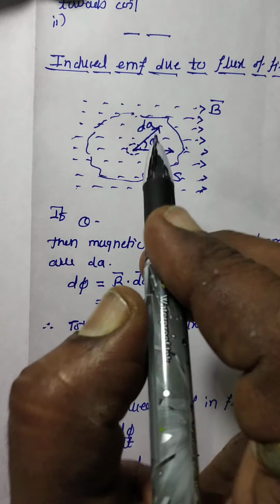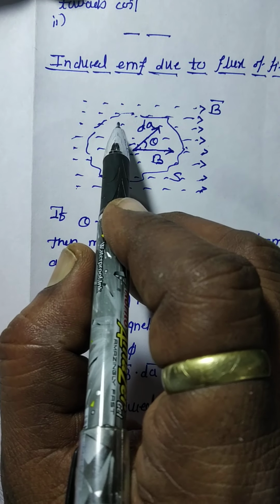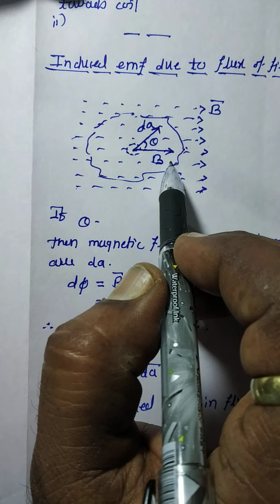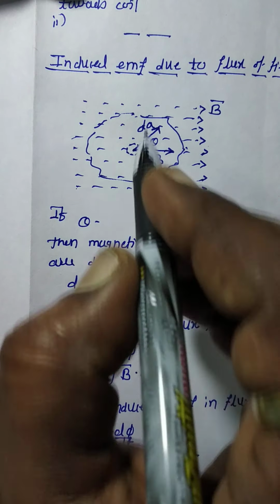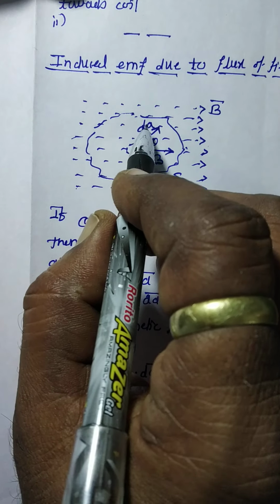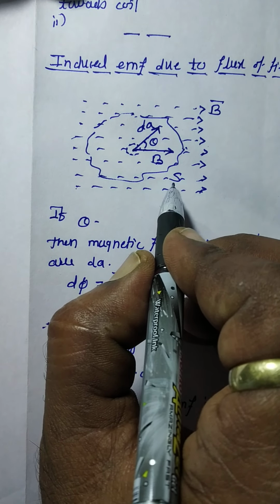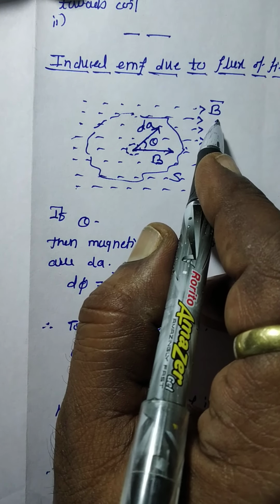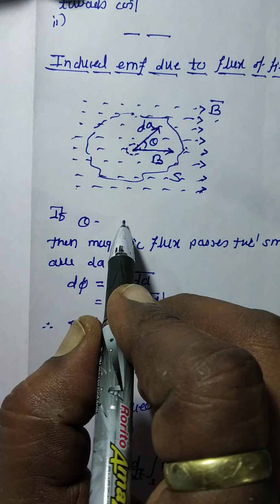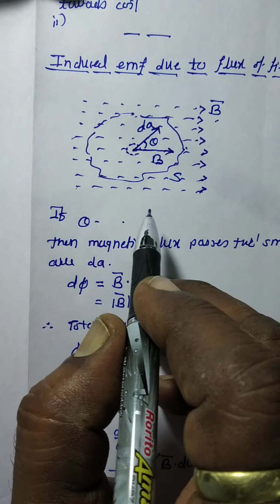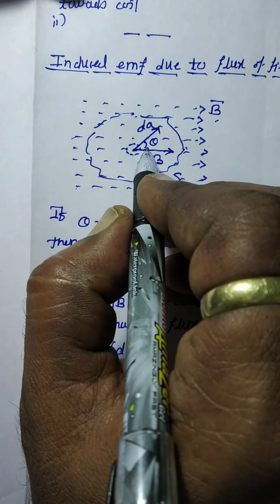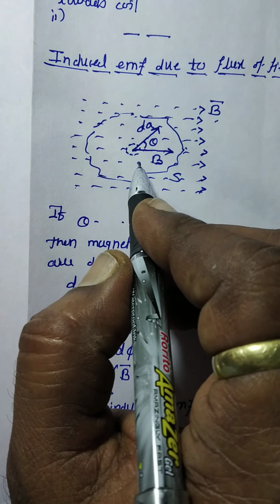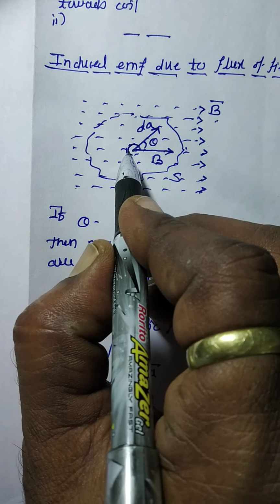See once more. Consider a finite area situated in a magnetic field of magnetic induction B. The magnetic field will not remain constant across this finite area, and hence we have to consider a small surface area dA.